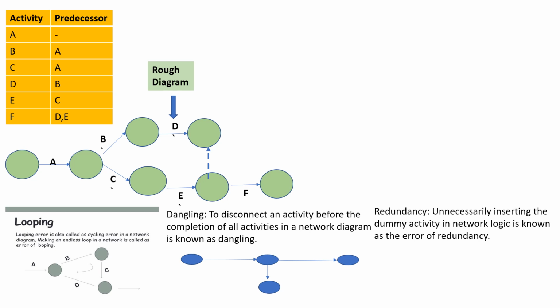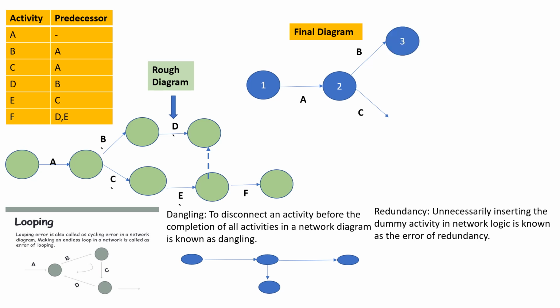In the final diagram, you have node 1, activity A, node 2, activity B, activity C, node 3, node 4, activity D, activity E, and end node 5. So you see in the final diagram, we have merged activities D and E at the same node, which is event 5.